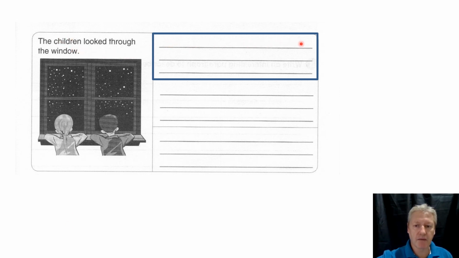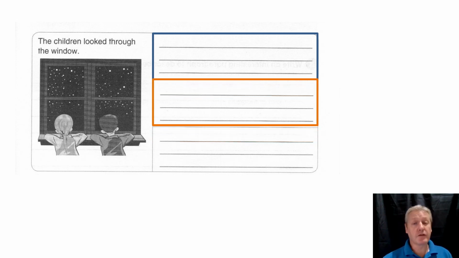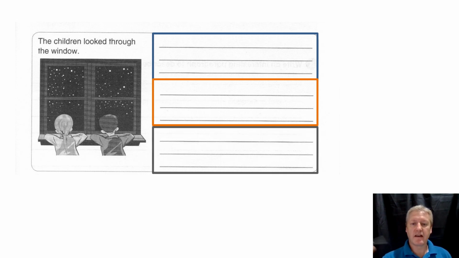One sentence with some good adjectives, adverbs, and powerful verbs to help us understand how they feel or what it feels like to be there. Then do the same but for a different atmosphere. The children look through the window and this time there's a different atmosphere. And then one more sentence. The children look through the window and this time a very different atmosphere again.